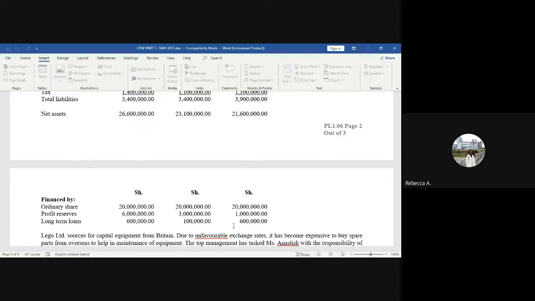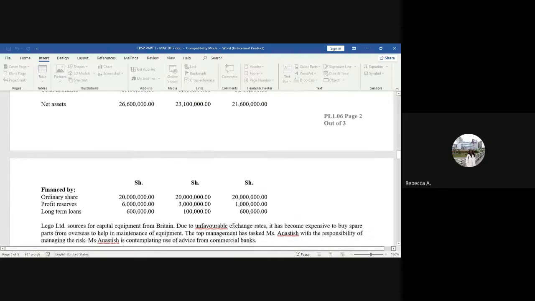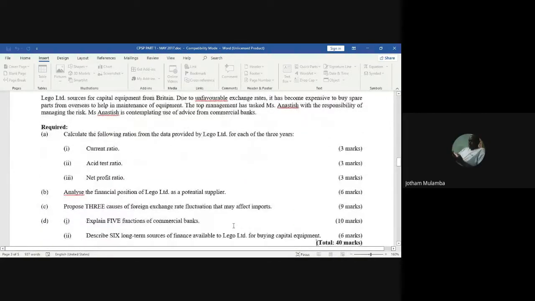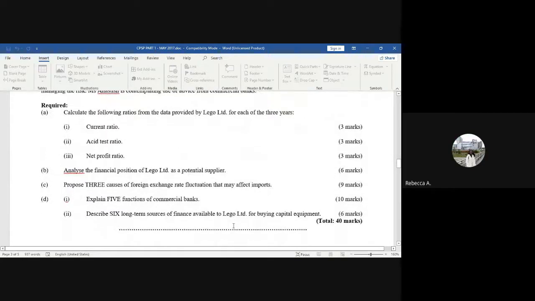It's equivalent. Do the last one for 2016. It's also equivalent.